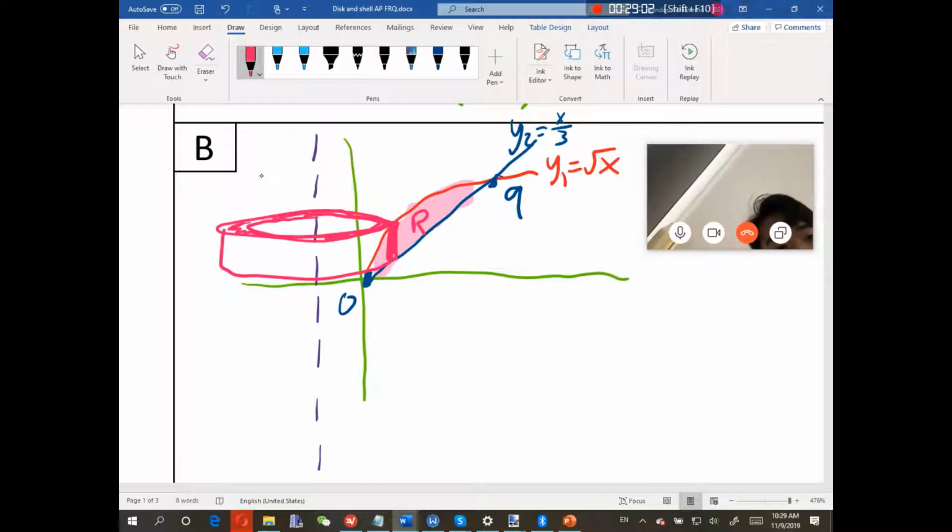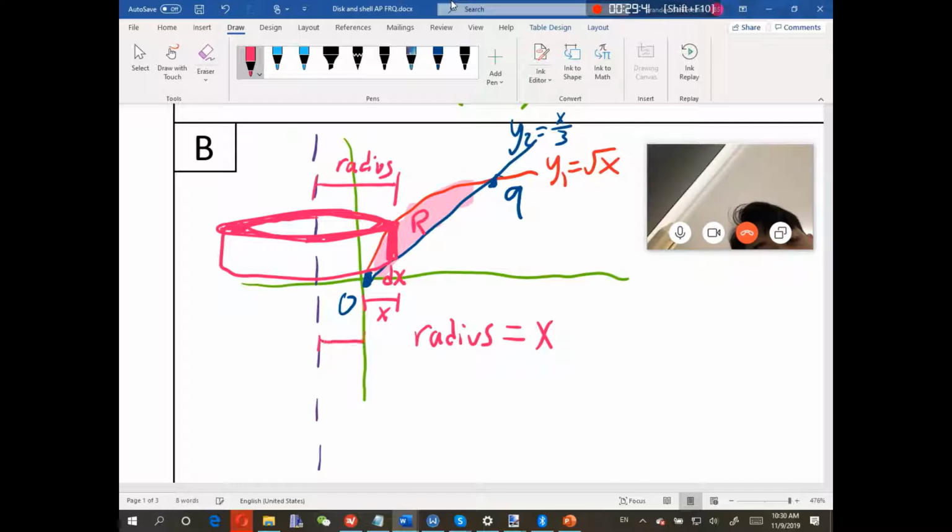So every cylinder is going to have a change in x, a height, and a radius. Okay, so first, the hard part. What would the radius be? Okay, x is this distance.